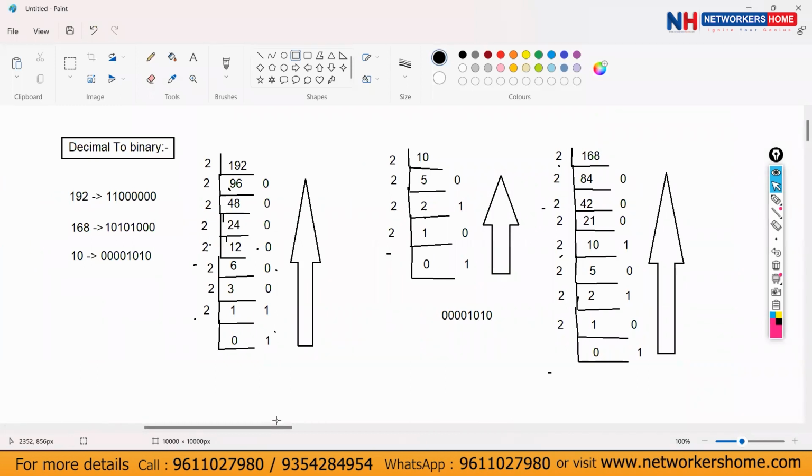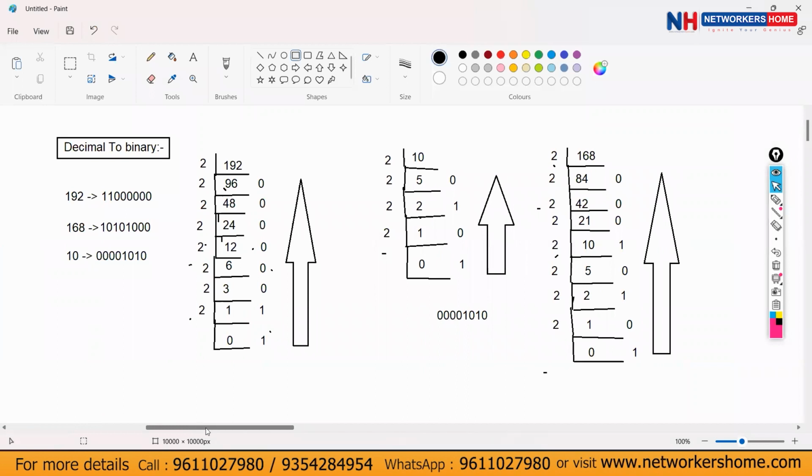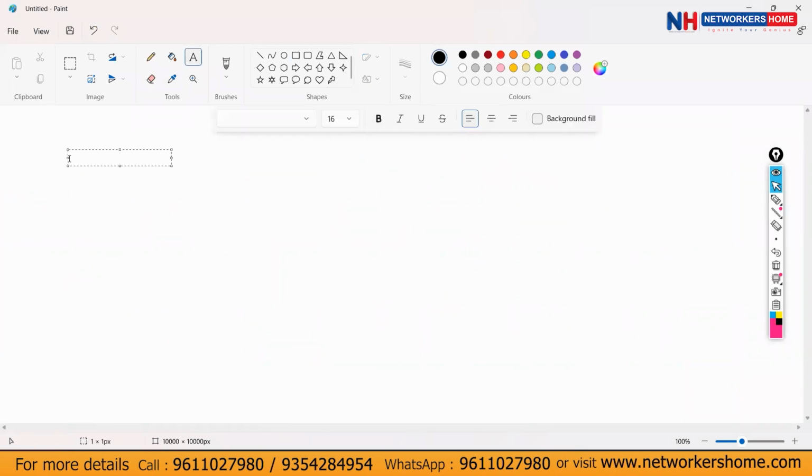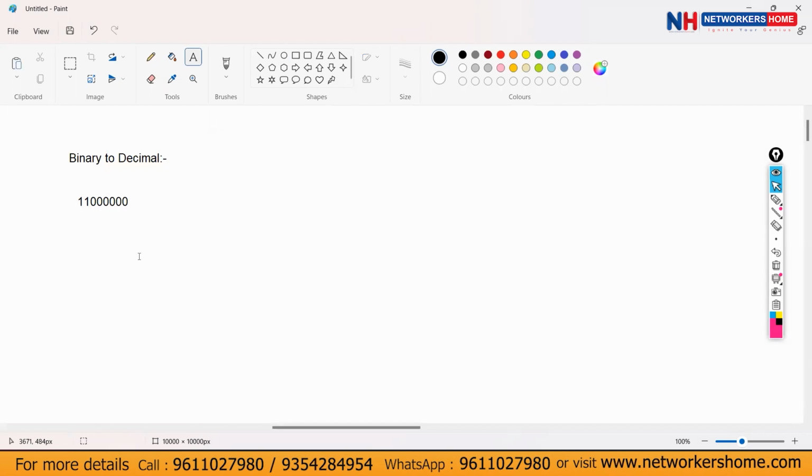How do we convert to decimal? Next, let's see conversion from binary to decimal. This is the binary number given. Convert this to decimal. What should we do?